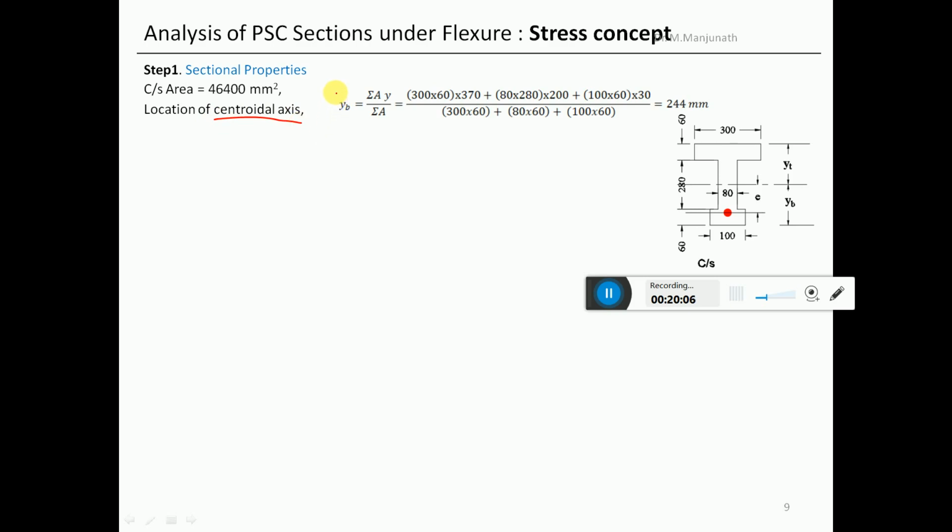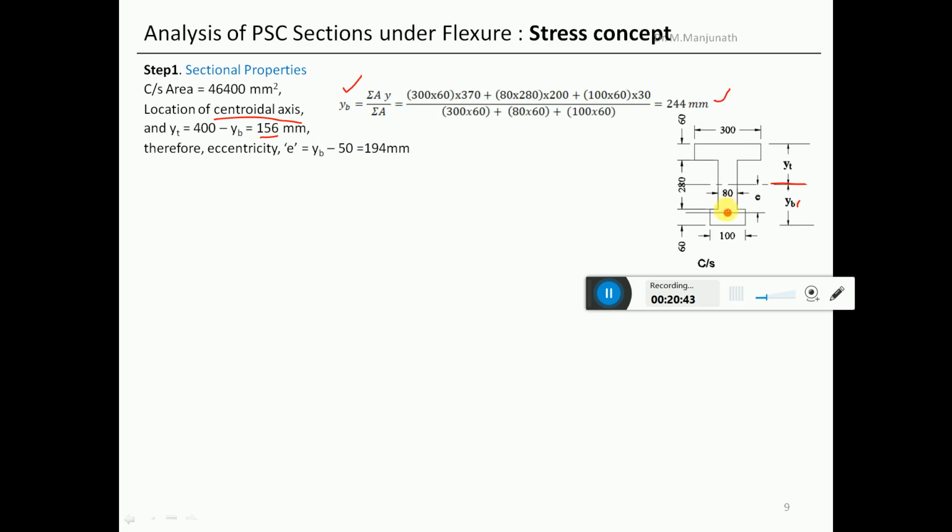This is done by applying the first theorem of the moment of areas, and this gives us YB, that is the location of the centroidal axis from the base or the bottom reference, and accordingly we get the distance to the topmost fiber, and hence we can get the eccentricity.